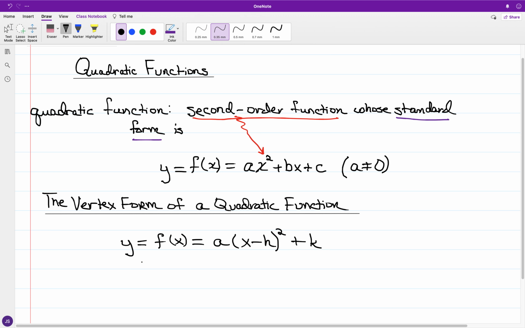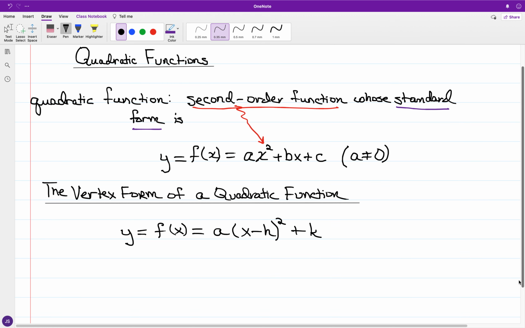Now we're still looking at the same y, the same f of x, the same letter a, but where we had bx and c, we now have the letters h and k to take their place in the layout. But again, we'll look at a translation between how we go from these terms in a, b, and c to what we have in a, h, and k.